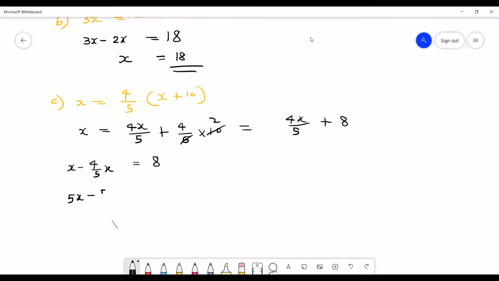Multiply this 5 into 4 by 5x is equal to 8 into 5. So here 5 and 5 will get cancelled. This will become 5x minus 4x, that is equal to 40. So 5x minus 4x is x only. So we are going to get the answer as 40. So here x is 40.